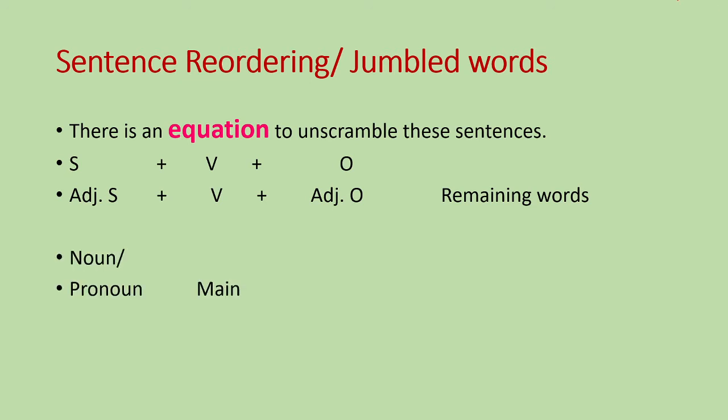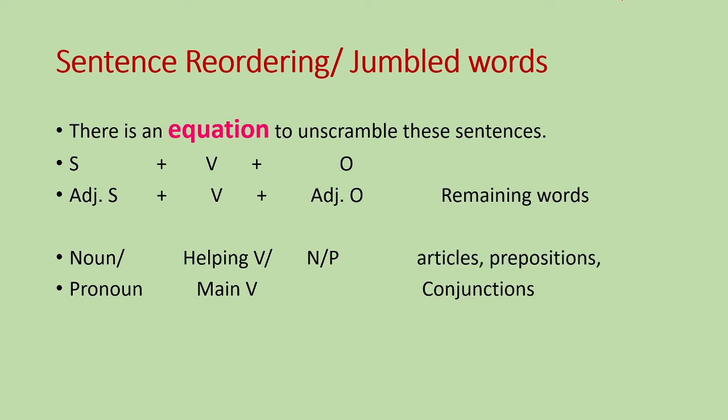So let's take an example. The subject is a noun or a pronoun, then the verb, helping verb and main verb, will be written here, and the adjective and the object, again a noun or a pronoun, will be written here. The remaining words will be articles, prepositions, adverbs or conjunctions. Now with the example that we did before, Rohan went to market.